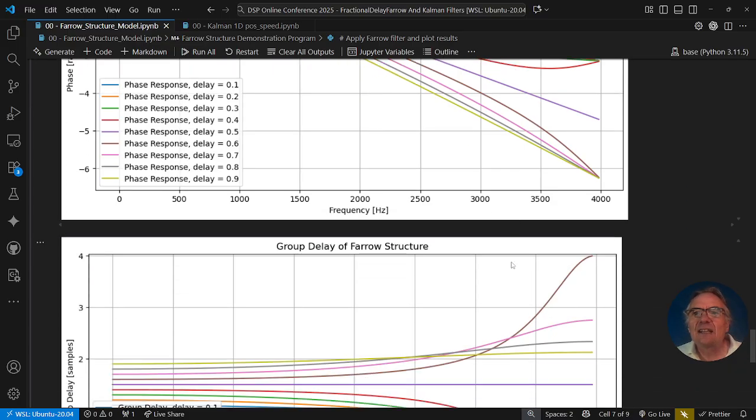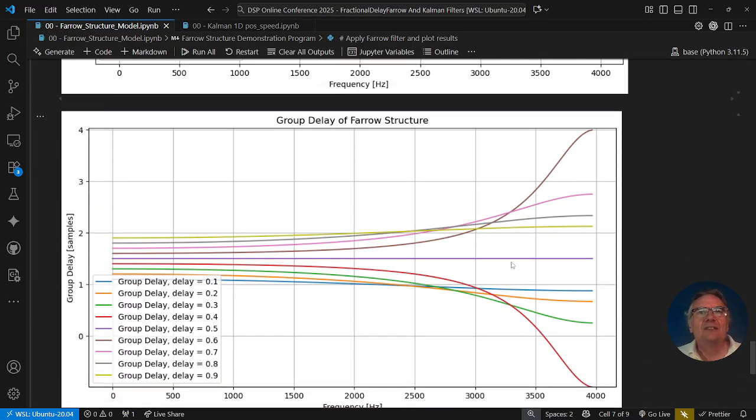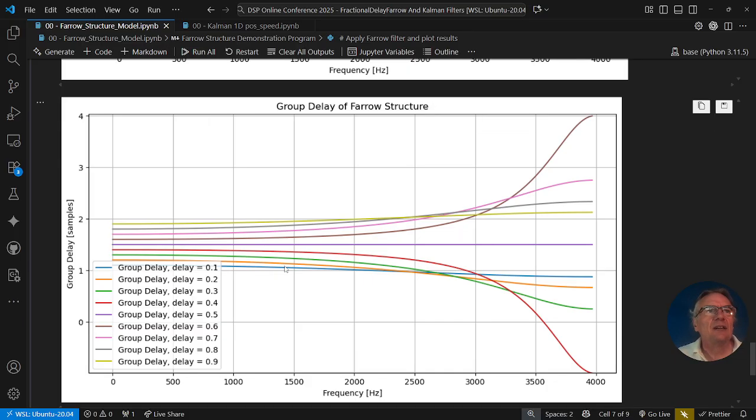And actually that is much more obviously displayed in this graph here, where we are showing the group delay of those different interpolated samples. So here you can see really below about half Nyquist, the group delay is excellent. It's very close to what we would expect. But then as we go further towards Nyquist, we see that the group delay of the different filters are diverging.